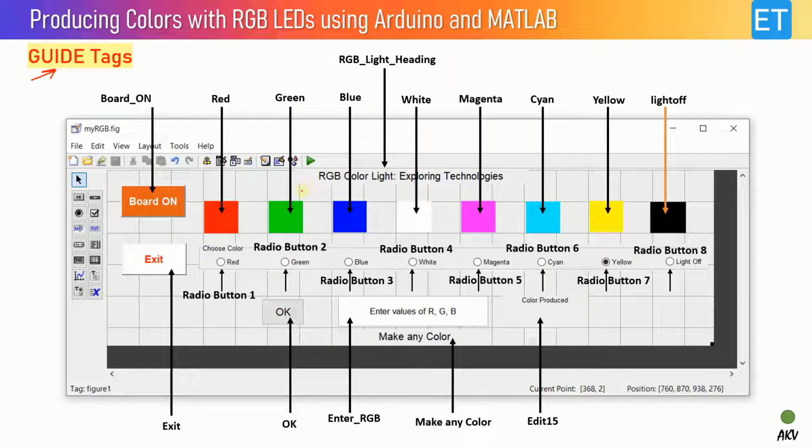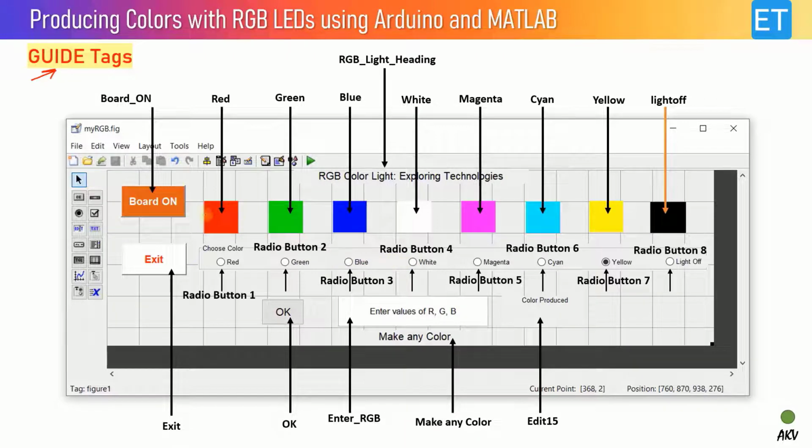If you don't do this, no problem, then you have to identify the correct callbacks. For example, this button's tag by default is push button 1, and this will be push button 2, this will be push button 3. So this is how MATLAB gives the name to each button. Similarly, for radio buttons, MATLAB gives radio button 1, radio button 2, radio button 3, like that.